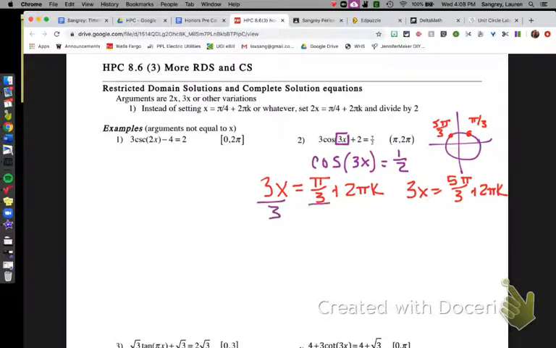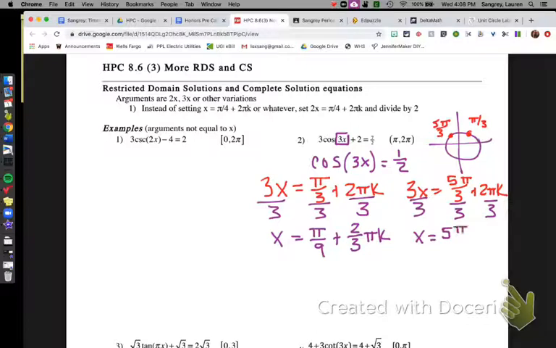So we're dividing everything by 3. So I have x equals pi over 9 plus 2/3 pi k. Same thing for the other solution. So I have x equals 5 pi over 9 plus 2/3 pi k. This is your complete solution.